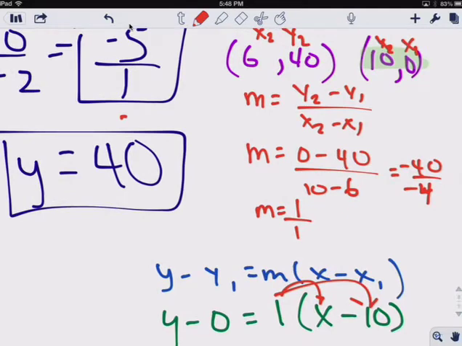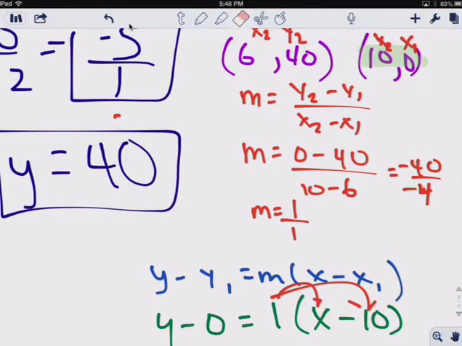So that changes to a positive 4, makes it a negative. It's all wrong. It's a negative 10 over 1 is the slope. So negative 10 here.